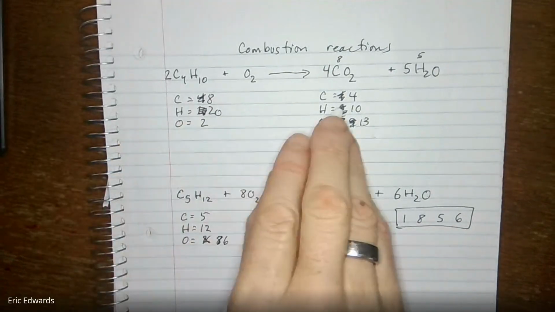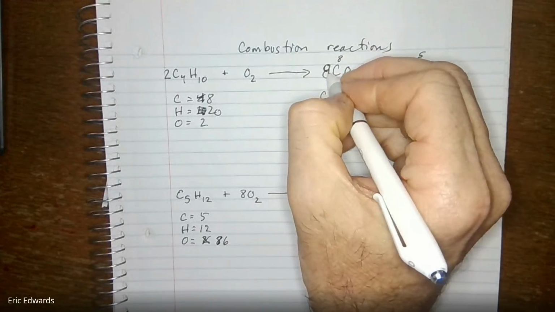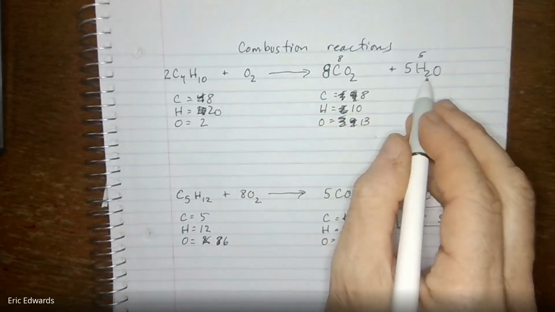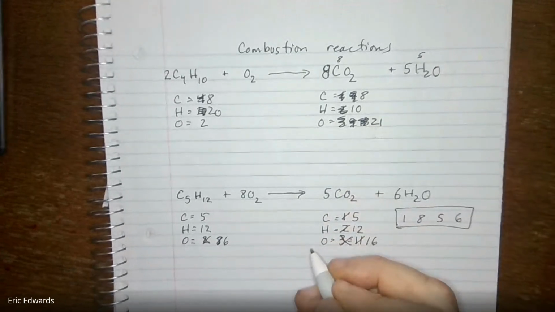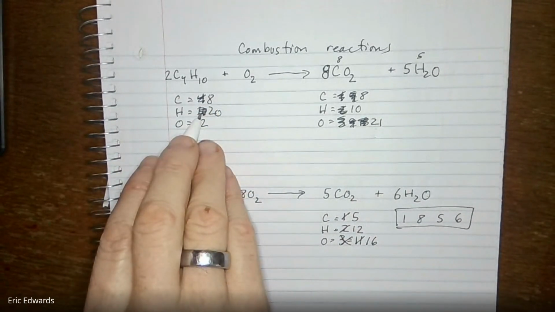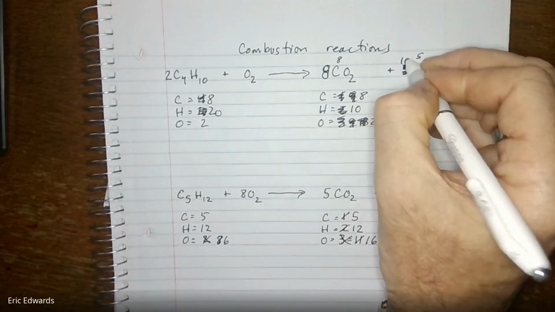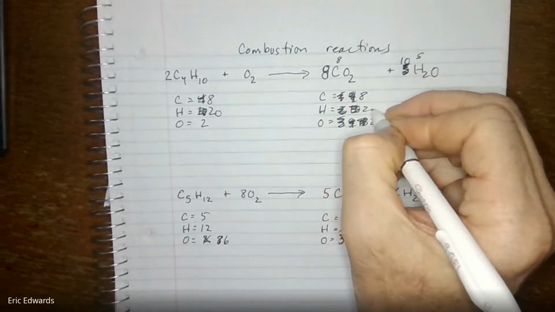Now I've got to fix my carbons again, and instead of 4, I've got 8. So that's going to give me 8, and it's 16 plus 5, which is 21 oxygens. Now I've got 20 hydrogens. I need 20 over here, so I'm going to put a 10 in front of that, and that's going to give me my 20 hydrogens.